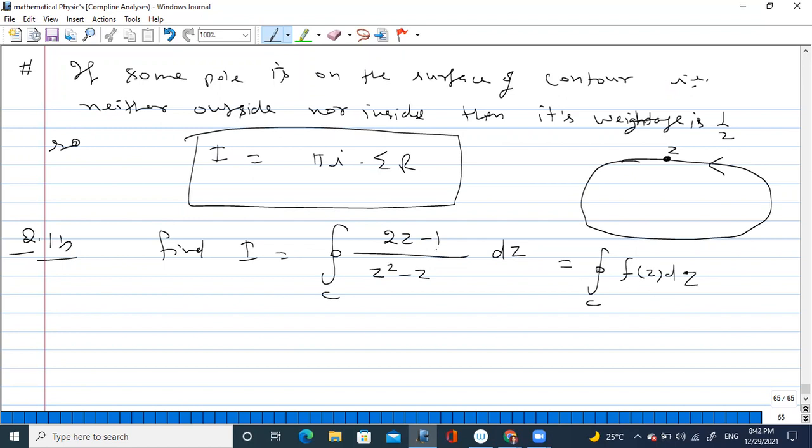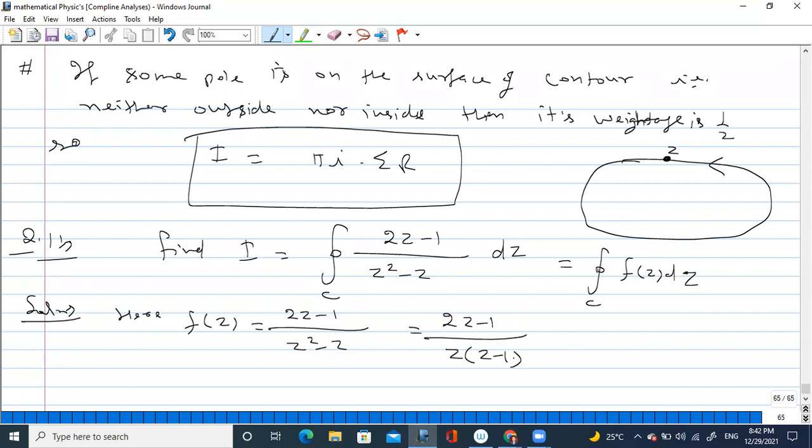Here f(z) is (2z minus 1) divided by (z square minus z), which is 2z minus 1 divided by z into (z minus 1).